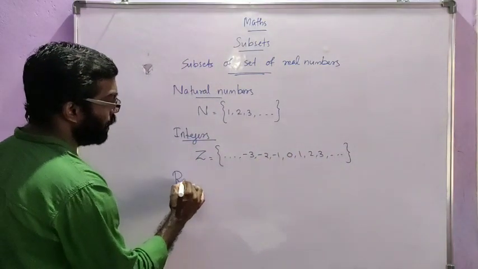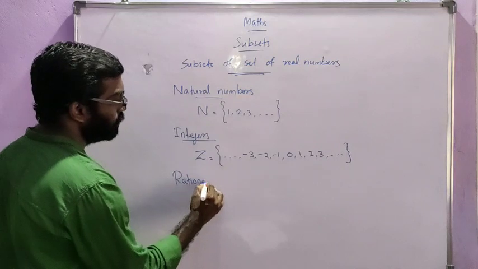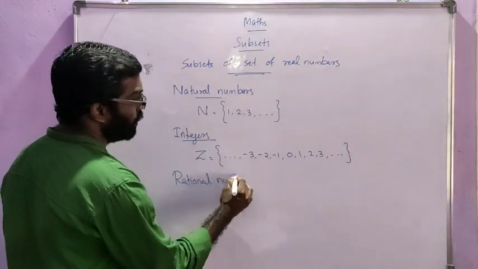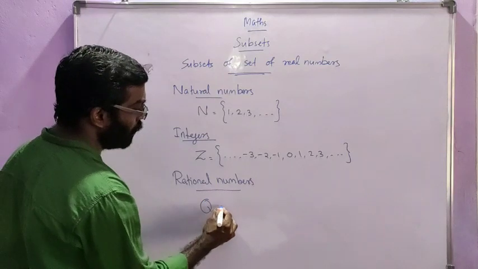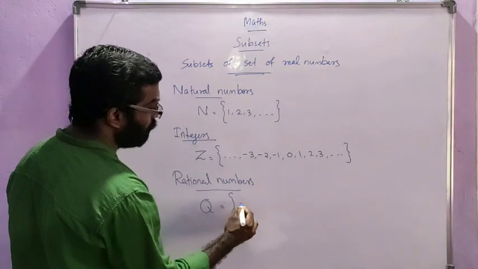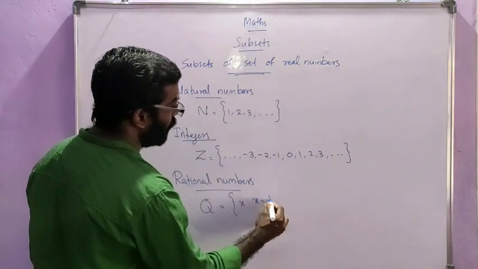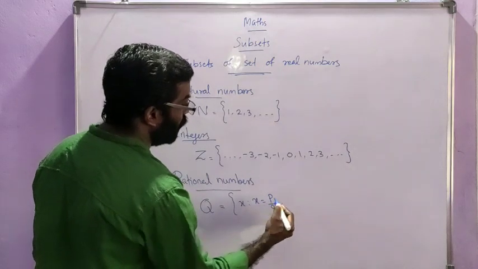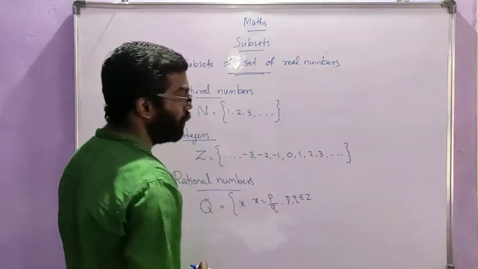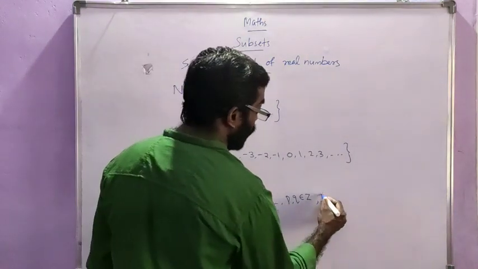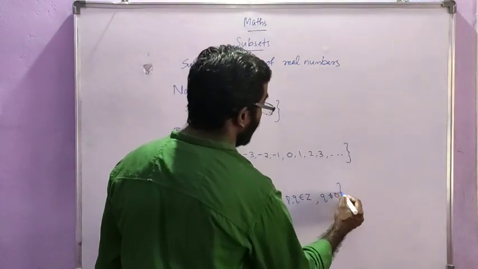Then rational numbers. Rational numbers are denoted by the letter Q. Q is equal to the set of all x such that x is equal to p by q, where p, q belong to Z. That means p, q are integers with q not equal to 0.